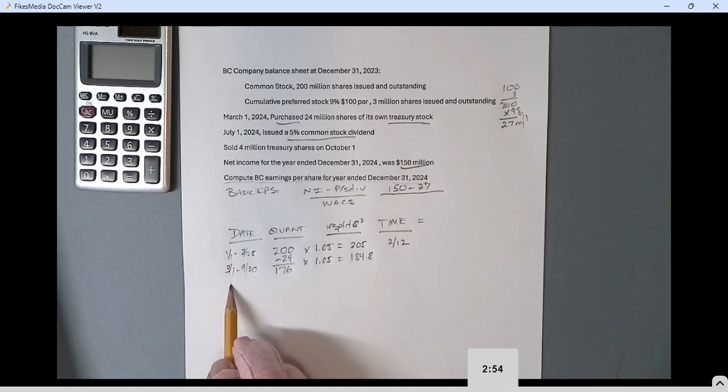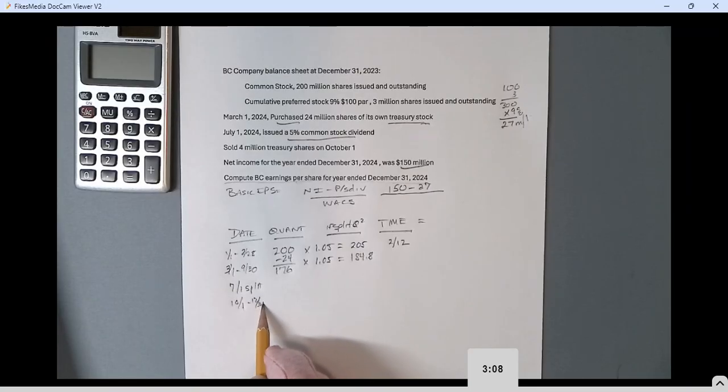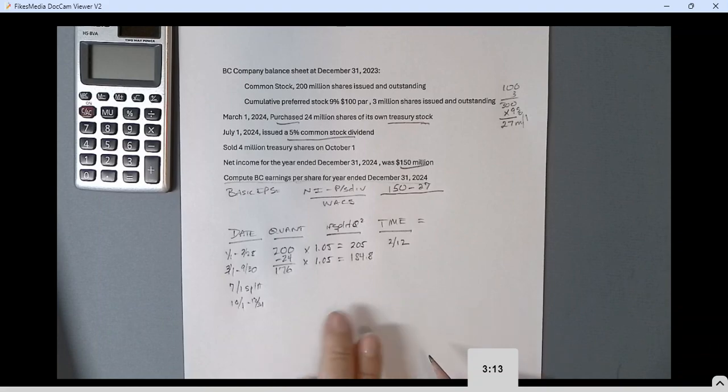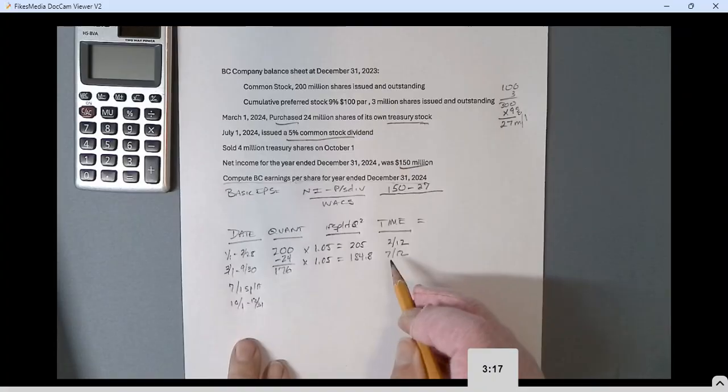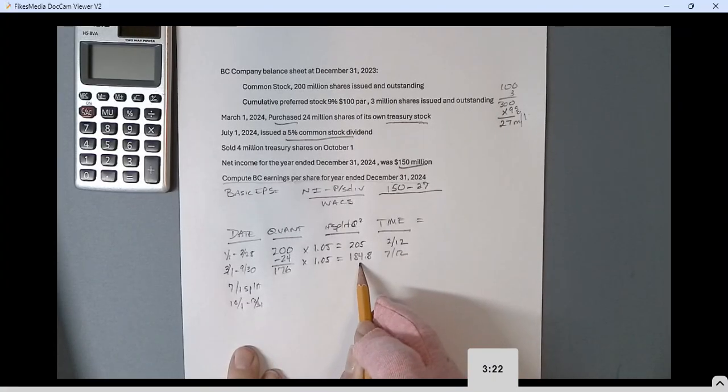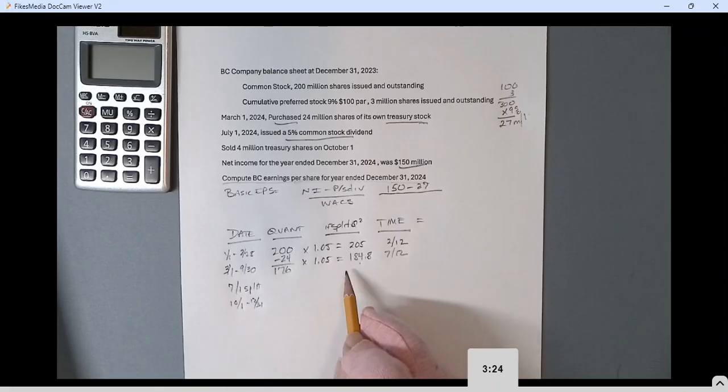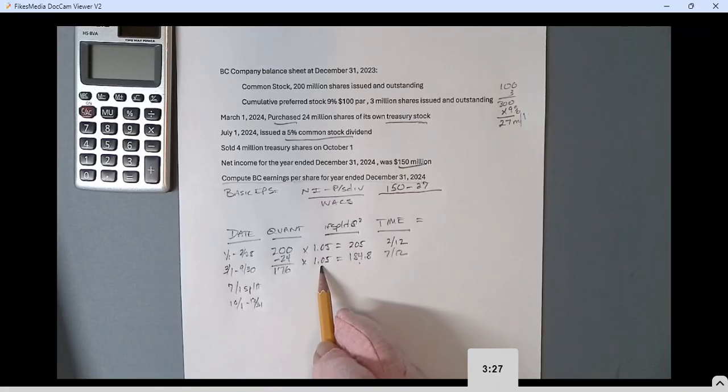Now, my 7, I put a line in here for my 7/1 split. I leave a space there, and then my next layer came after the split. Okay, so these would have all been stocks that were already puffed up by 1.05, right? So my time here on this layer is 7/12. Now what I do is I take my result of the amount that was applied retroactively.